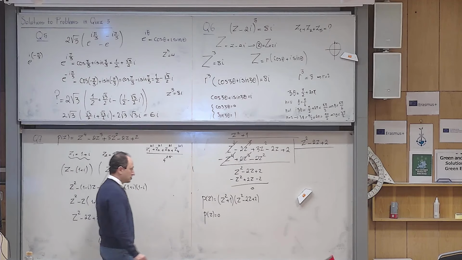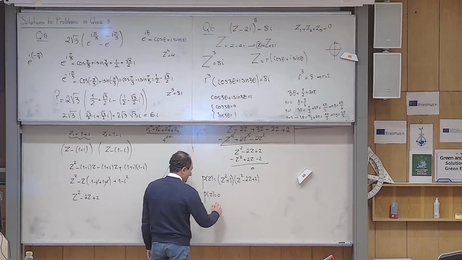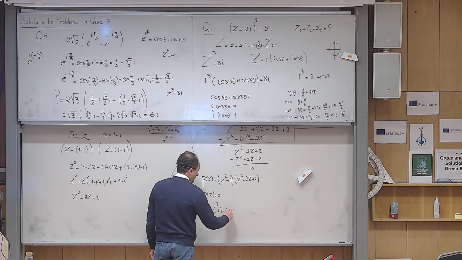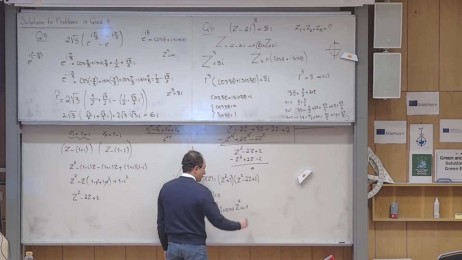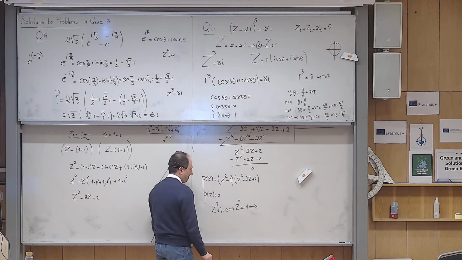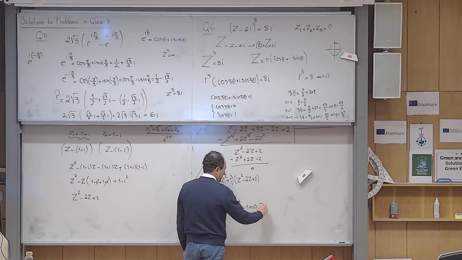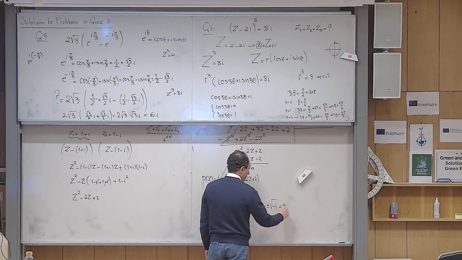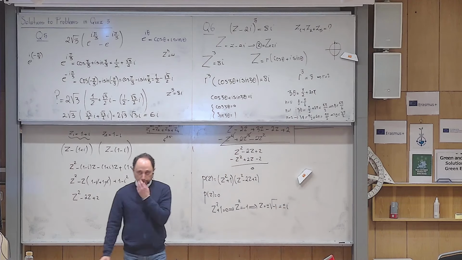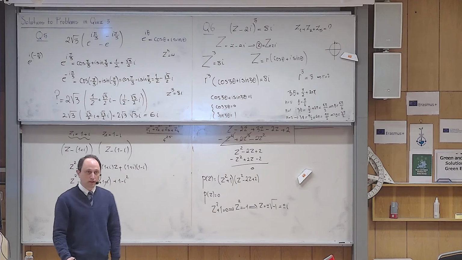So the only thing that I was looking for is z squared plus 1 is equal to 0, and this is very famous. What is z? Z squared is minus 1, so what is z? Plus or minus square root of negative 1, but the square root of negative 1 is? That's it. So the other roots are this one.